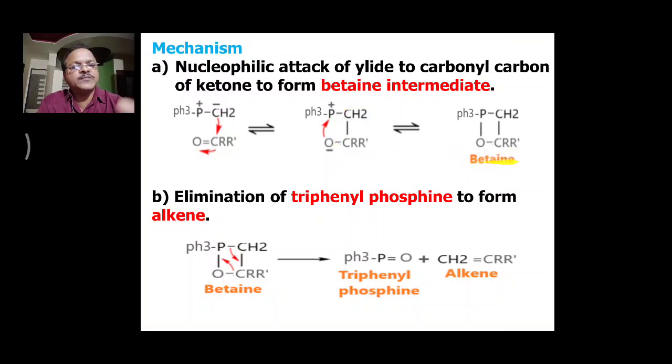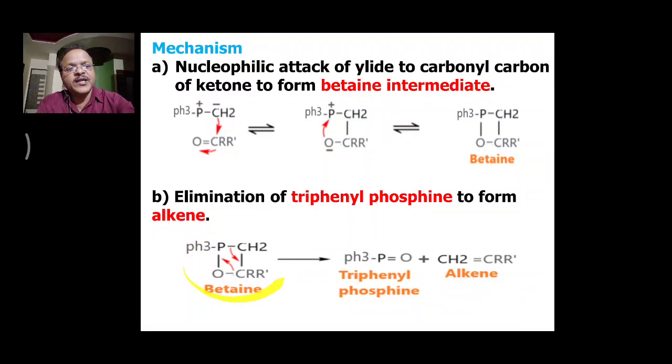This is the first step. In the second step, there is elimination of triphenylphosphine from the betaine intermediate to form the alkene.